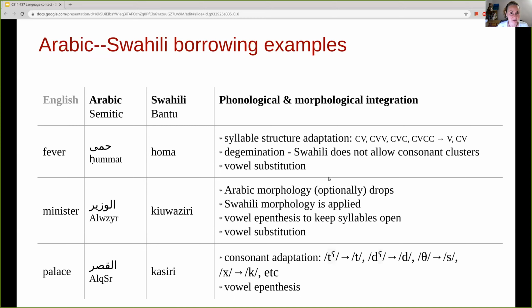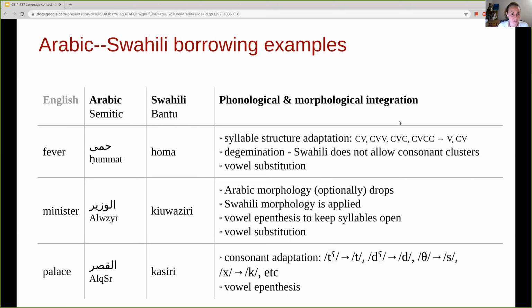So these are two very different languages, first in orthography, but then in phonology. For example, Arabic has 5 syllable types and allows consonant clusters, whereas Swahili requires open syllables. So during adaptation, necessarily vowels are inserted between consonant clusters.